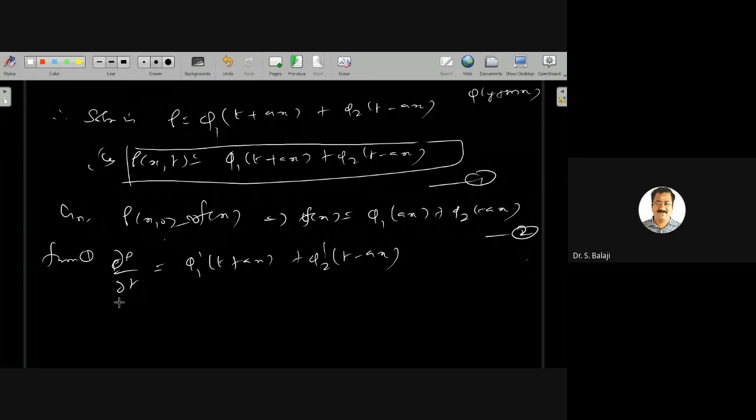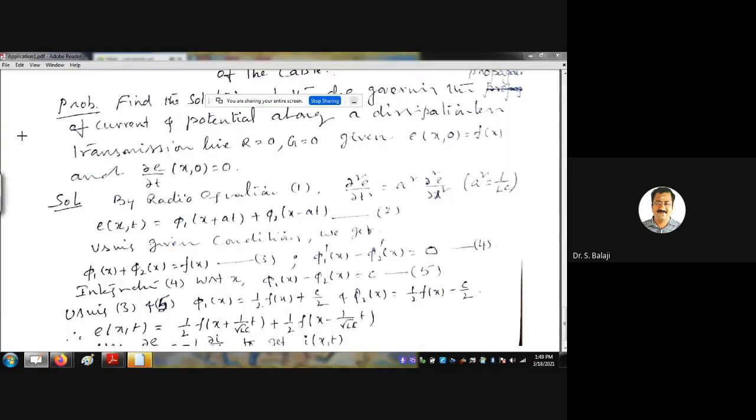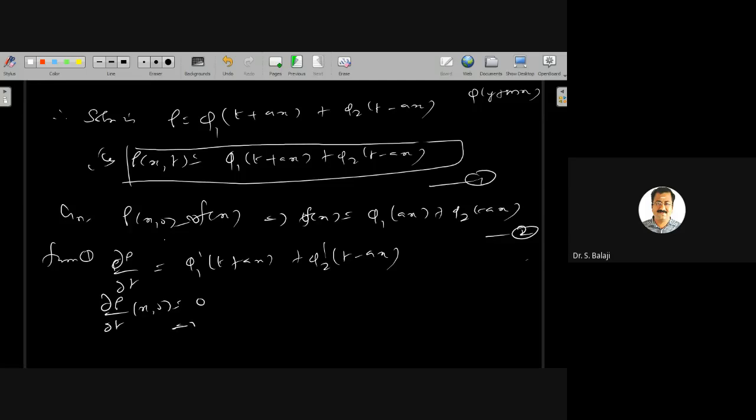Therefore, if you put dou rho by dou t of x comma 0 equal to 0, that is given as 0. Then the left side is 0. You are going to put t equal to 0 here also.